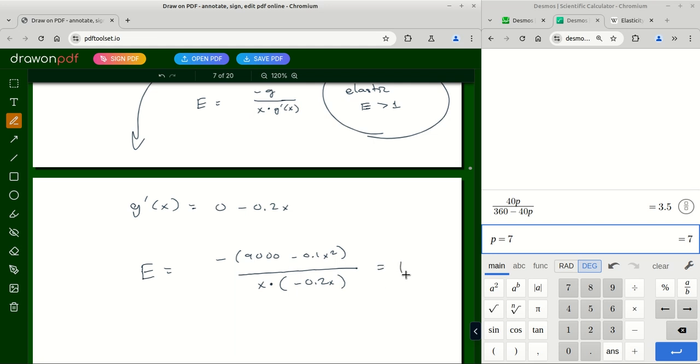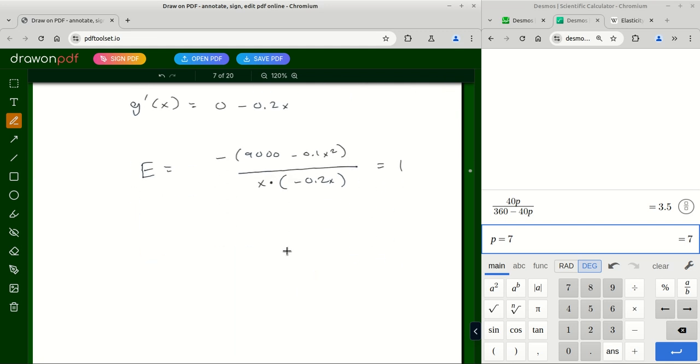So we need to set it equal to 1 and solve for it. That's fine, we can do this. First off, let me distribute. And in the bottom, it's not distributing, it's just multiplying them together.